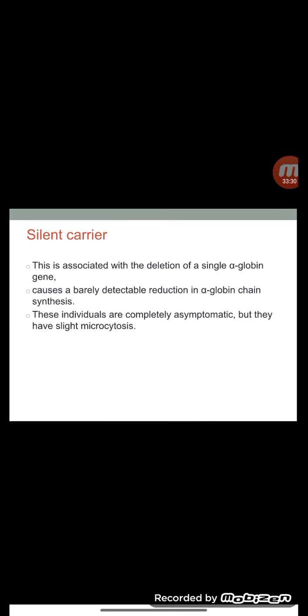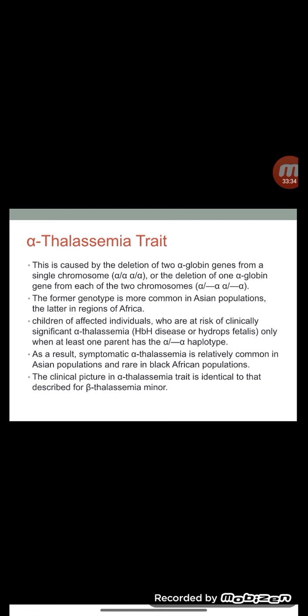Silent carrier: no disease, the patient remains asymptomatic. Alpha thalassemia trait results from absence of two alpha genes. This genotype is more common in the Asian population.